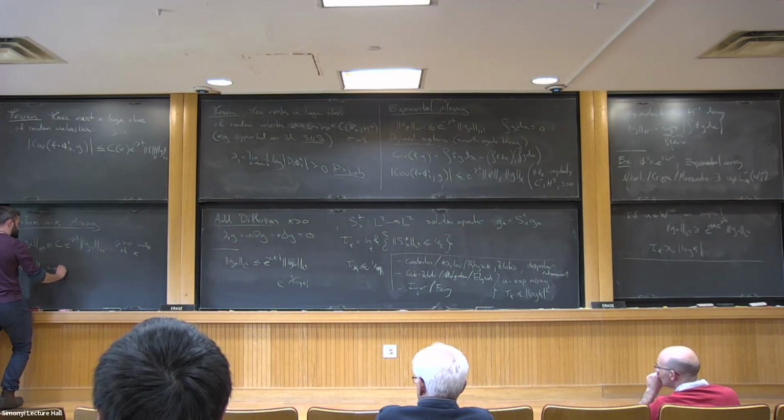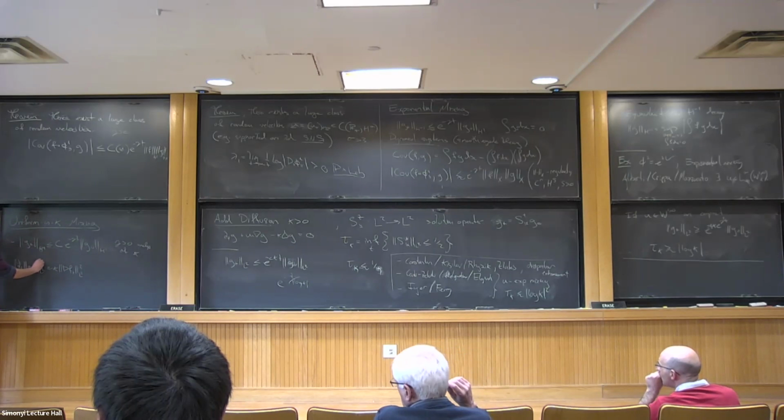Okay, sort of the standard energy estimate. And because I have H minus 1 decay, which is uniform in kappa, all I'm going to do is just interpolate this. So this is an H1 norm. I'm just going to interpolate it between H1 and H minus 1.